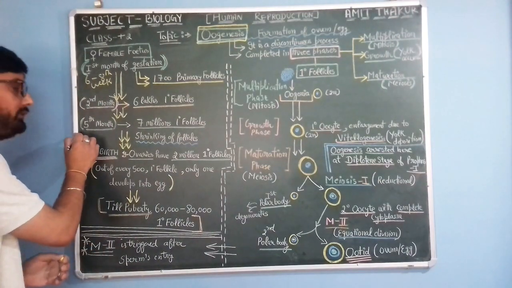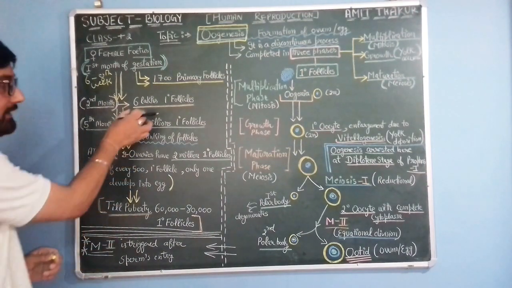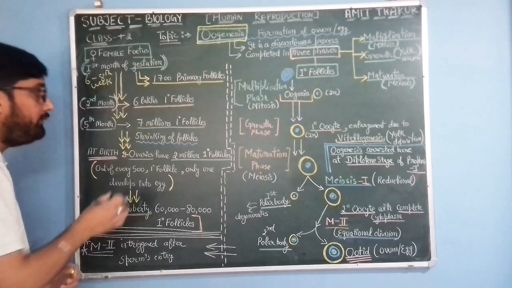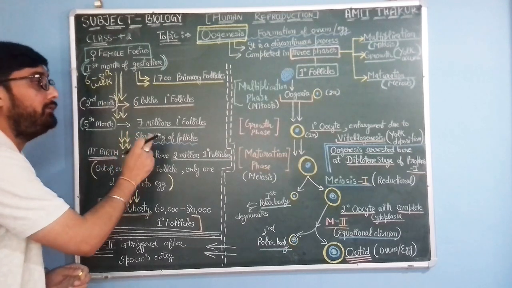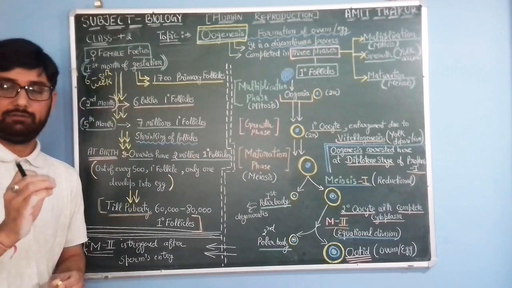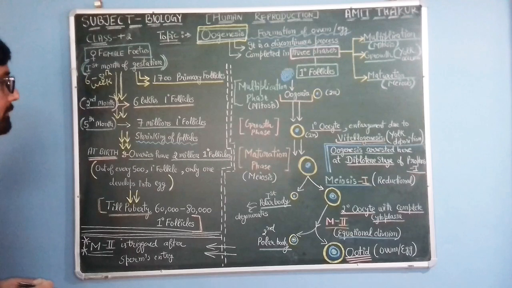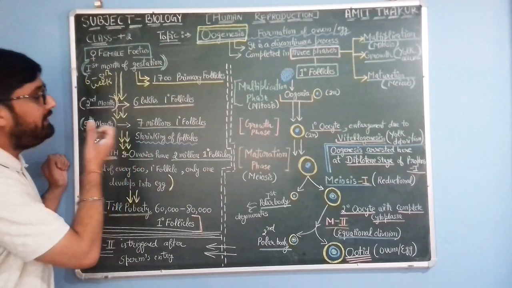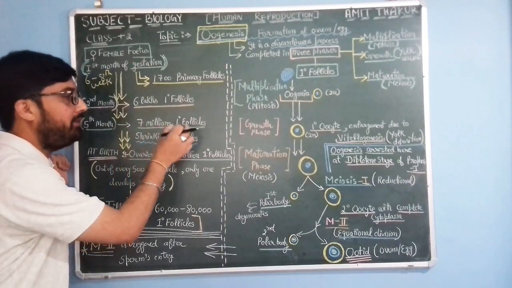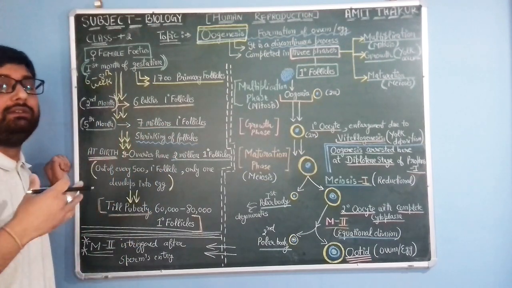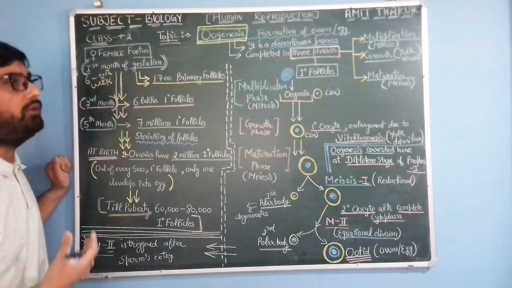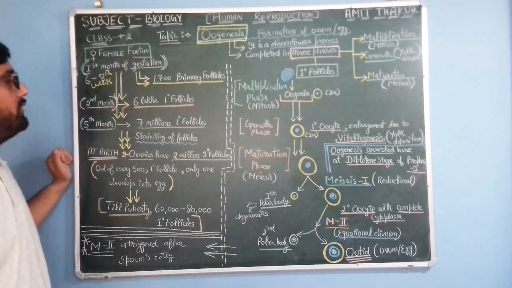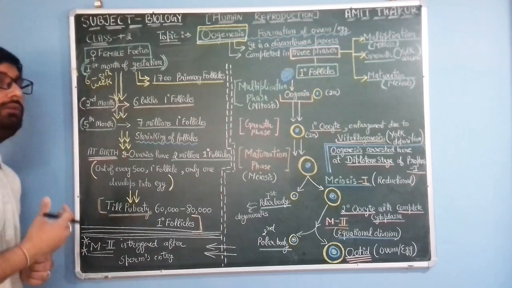Then in the 5th month of gestation period, these 6 lakh primary follicles multiply to form 7 million, or 70 lakh, primary follicles. But after the 5th month, what happens? These 7 million primary follicles start shrinking, or you can say degenerating.